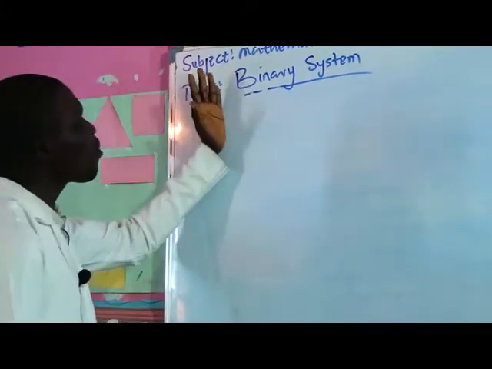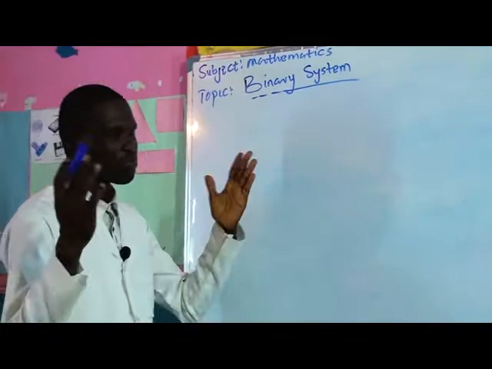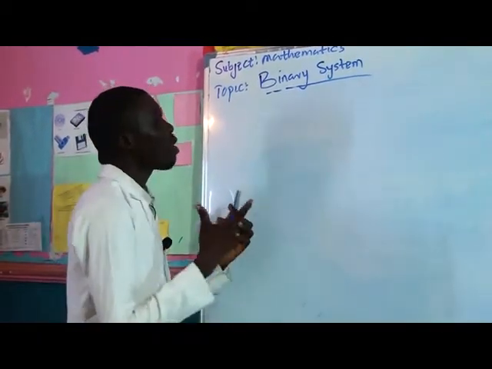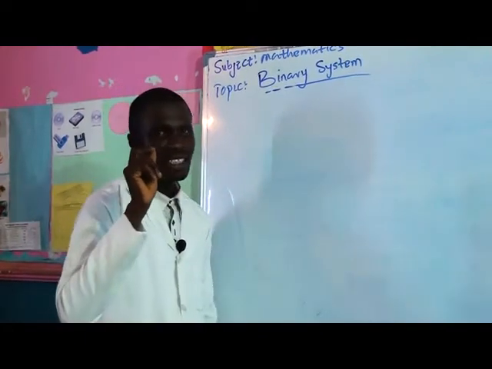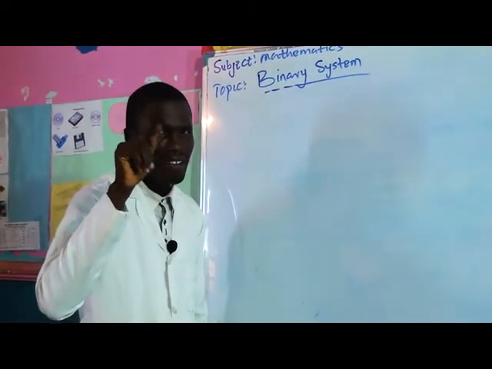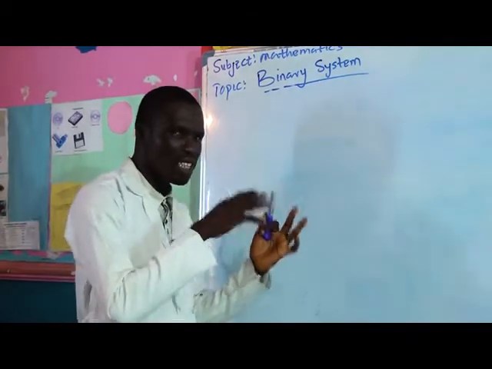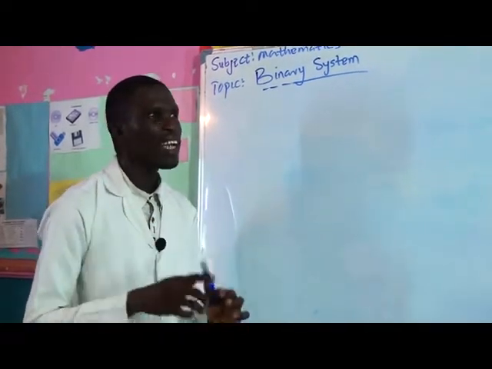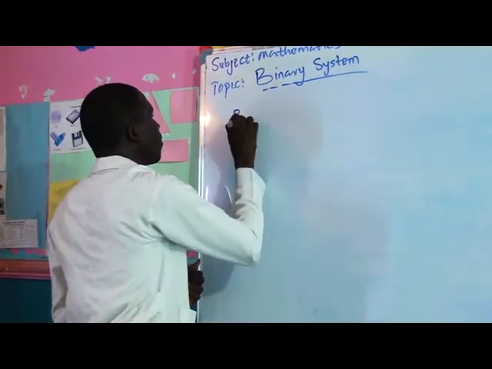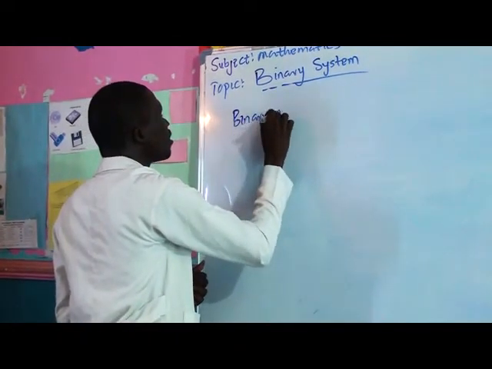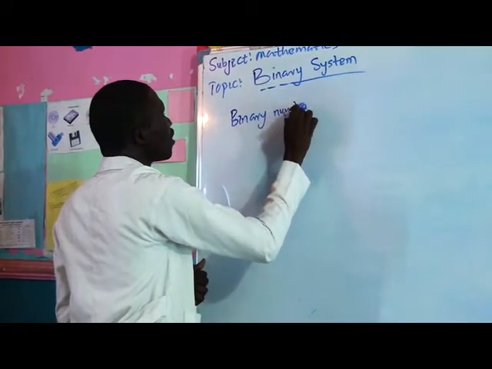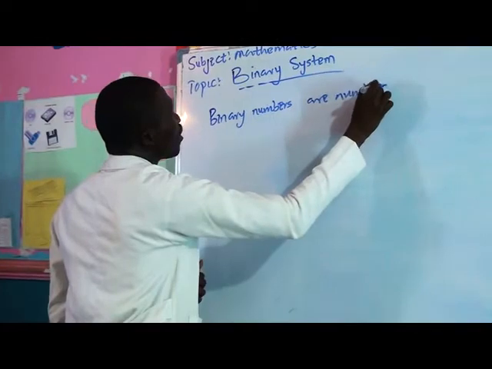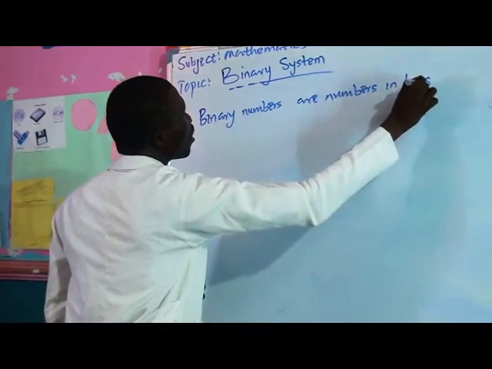Okay, now today we want to look at binary system. What is binary system? From the word bi, binary numbers, binary system. Binary numbers are numbers in base 2.